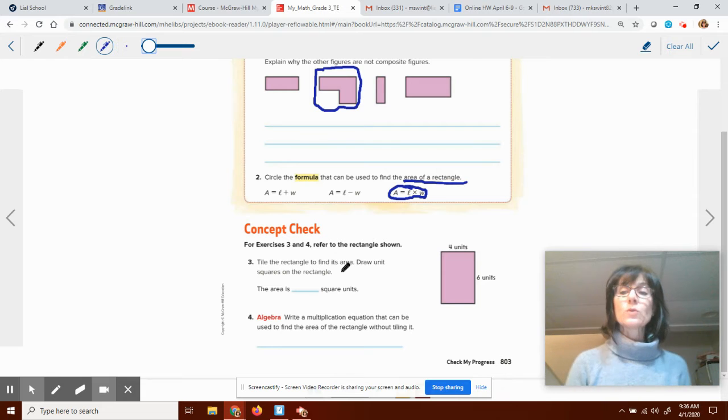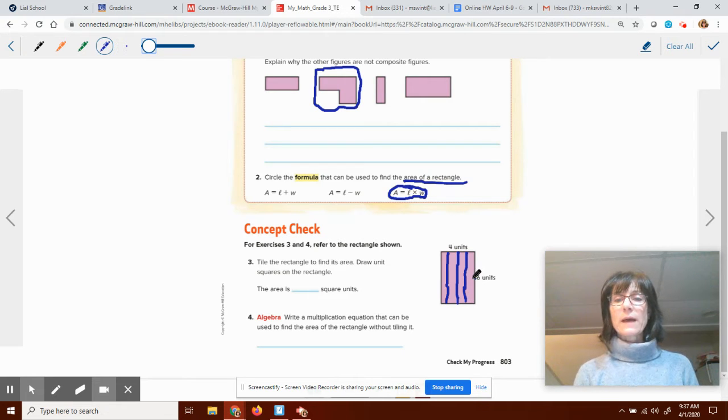When they're asking you to tile something, they're basically asking you to make an array. So they're saying right now, you should divide this into 4. So I would make 4 columns, and then in my width, I would make 6 going this way.